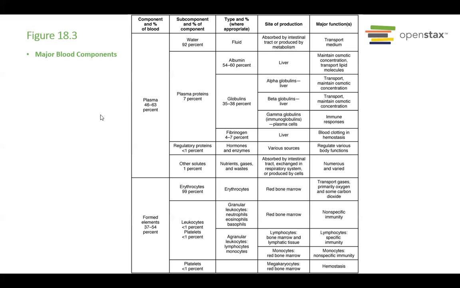So hemoglobin is made up of 4 subunits, 2 alpha subunits and 2 beta subunits. Each one of these subunits has a heme or iron group. That iron group is able to bind oxygen, so it binds oxygen in the lung and transfers it to the tissue.